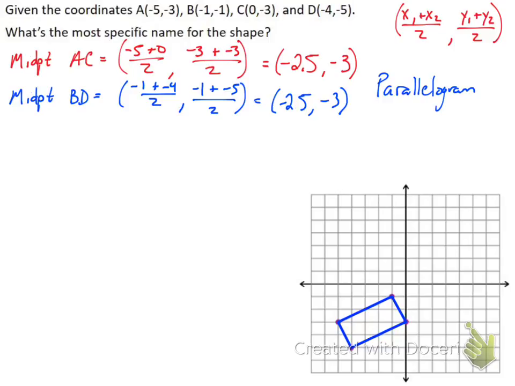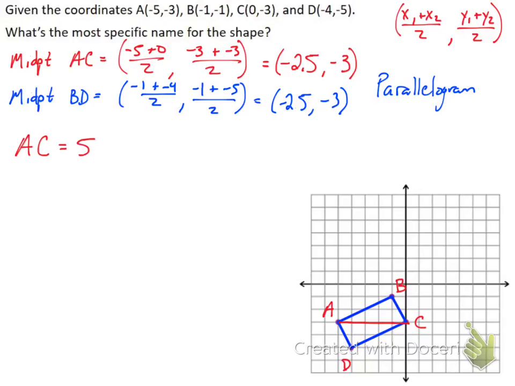Next, I'm going to try to see if it's a rhombus or not. So I'm going to do distance first, to figure out whether it's a rectangle or not. So I'm going to find the length of AC. On my drawing down here, I've got A, B, C, and D. To find the length of AC first, it's kind of easy because I can just count 1, 2, 3, 4, 5.